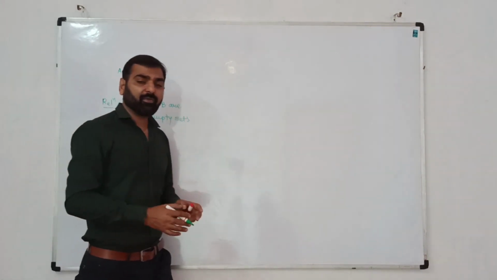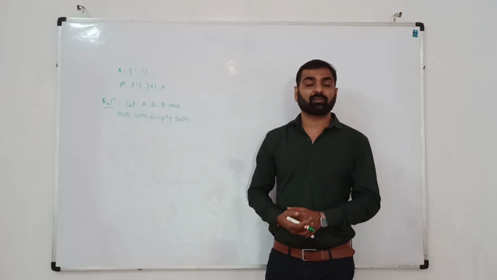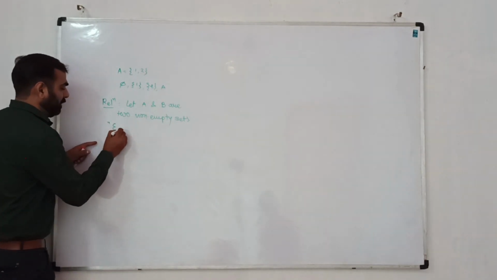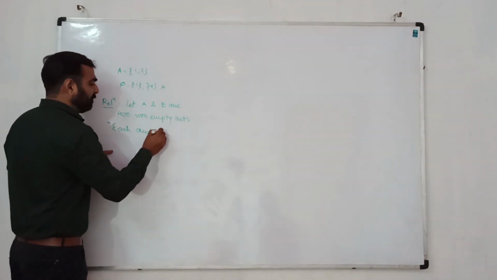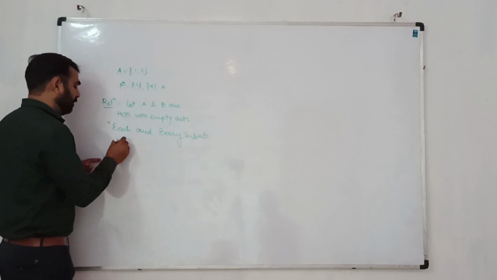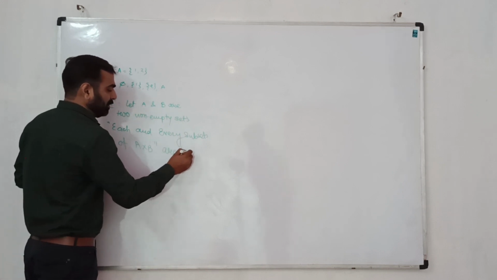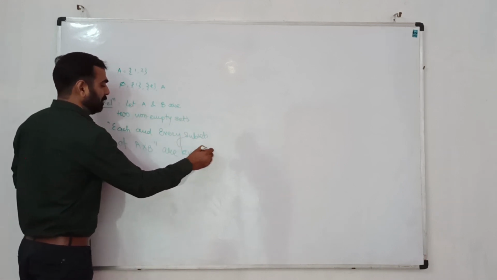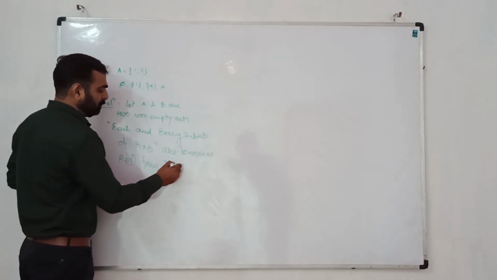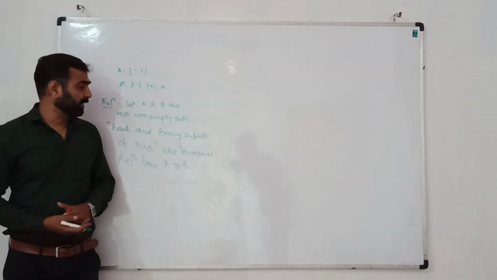Now each and every subset of A cross B is known as the relation from A to B. So each and every subset of set A cross B is known as a relation from A to B. So this is the definition of the relation from A to B.